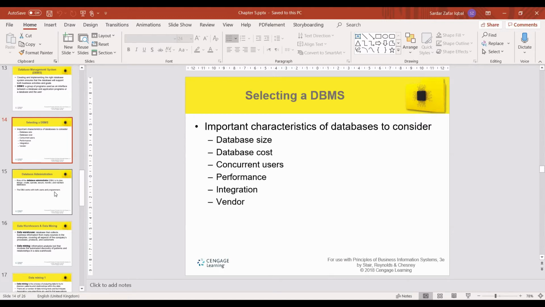Management means that you can create, you can delete, you can update the database. All the functionalities related to the management you can perform using the DBMS.